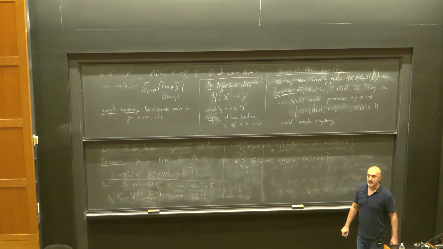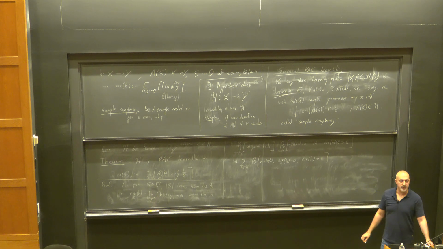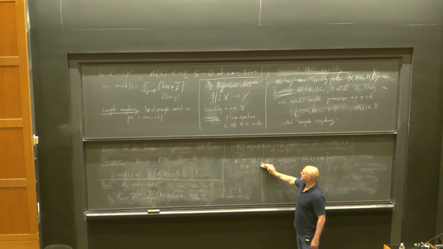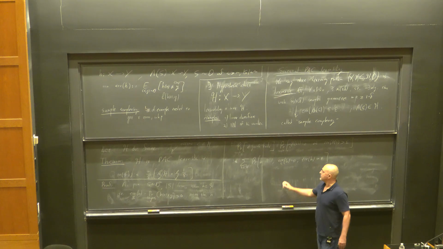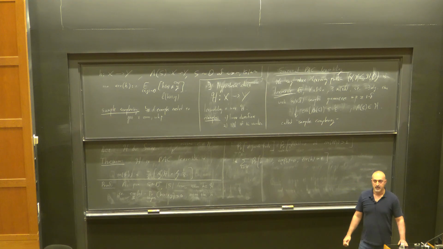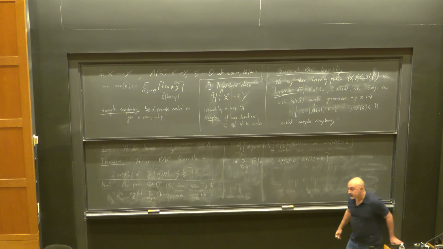And why can I say this inequality when I sum up over all possible h, that particular hypotheses? Why can I sum up over all individual h?